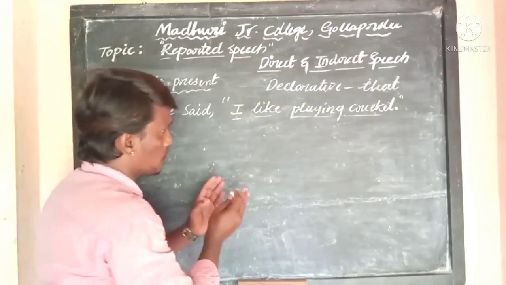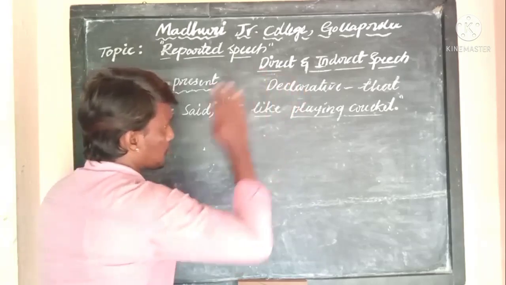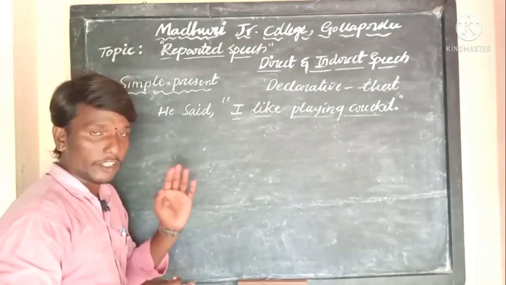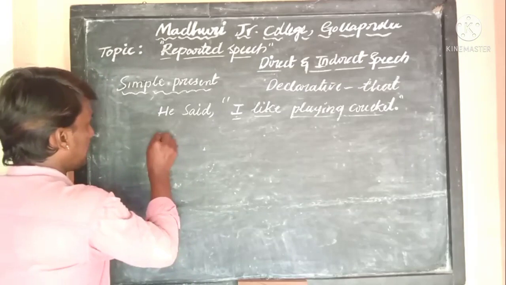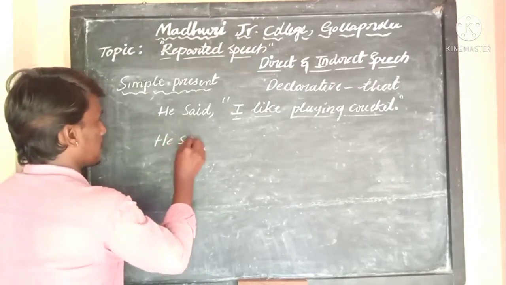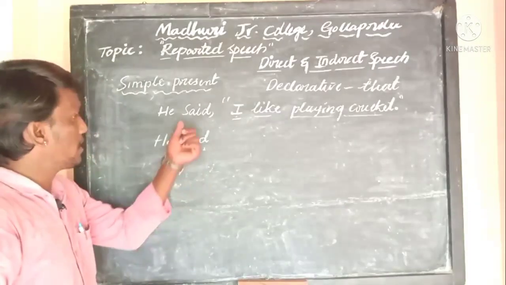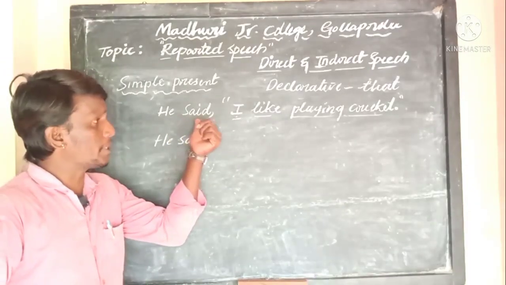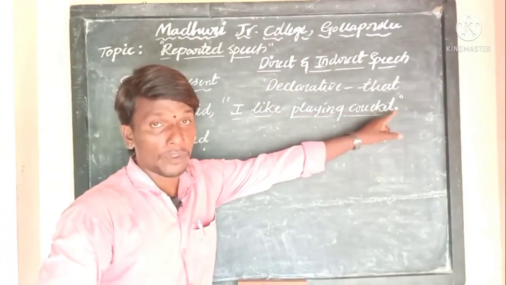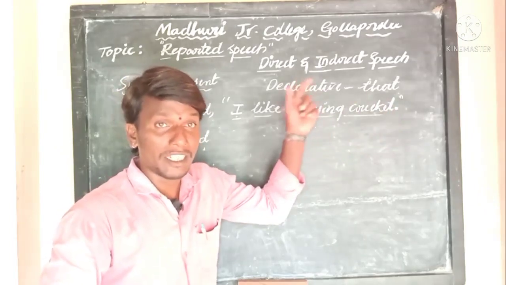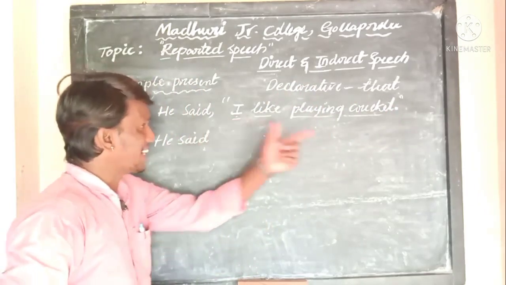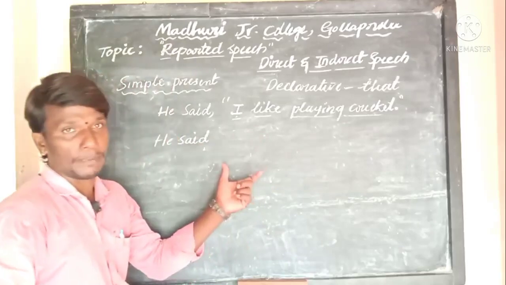Now let us change using all these conjunctions and tenses. For example, he said, as it is said here, he mentioned that. Here the reporting part can also be written at the end of the sentence in direct speech, but it should not be written at the end of the sentence in indirect speech.